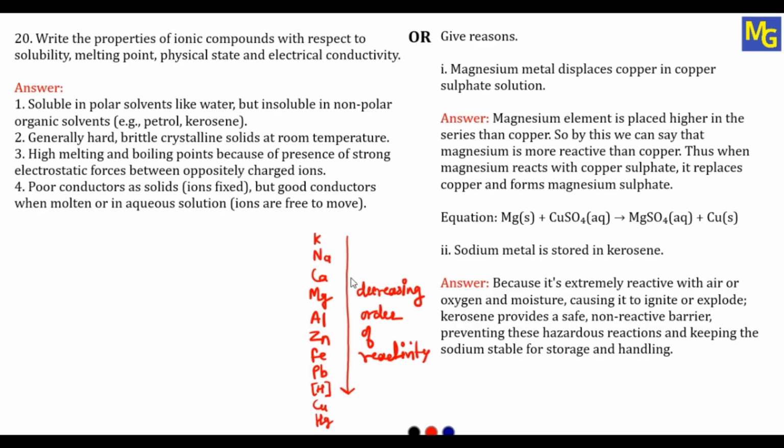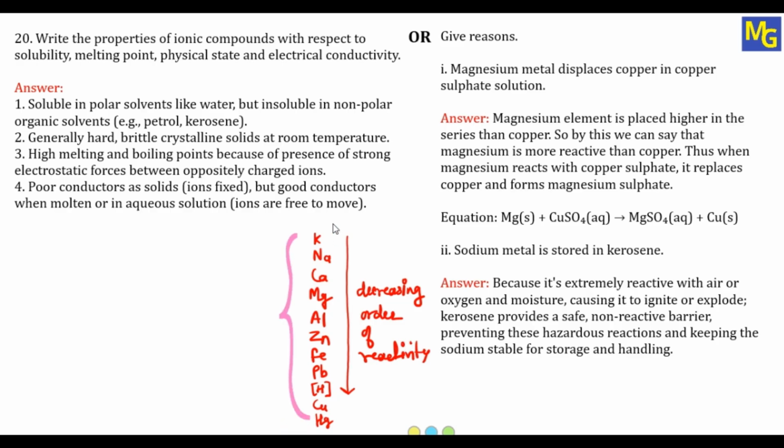Topmost level means it is highly reactive. Then comes sodium, so sodium is less reactive than potassium. Then comes calcium, which is again less reactive than sodium. Then comes magnesium. So as we move down in this series, the reactivity goes on decreasing. After mercury, there is silver and then gold. So gold is at the last, and gold is less reactive compared to all these elements.